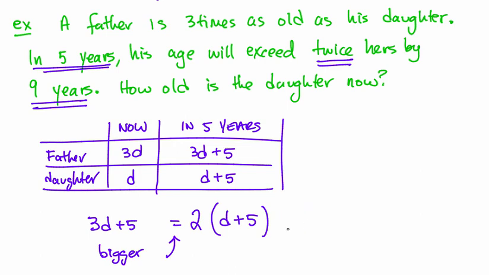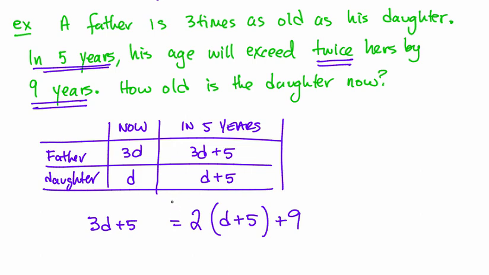Or I need to subtract the 9 years from this side. It doesn't matter which one you do, but you have to deal with the twice as much and 9 years. The key is figuring out how to make it equal.